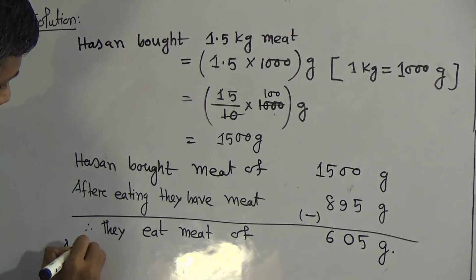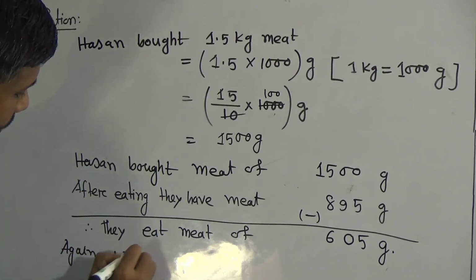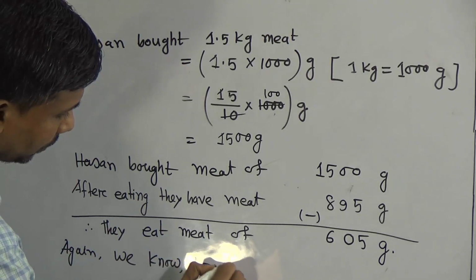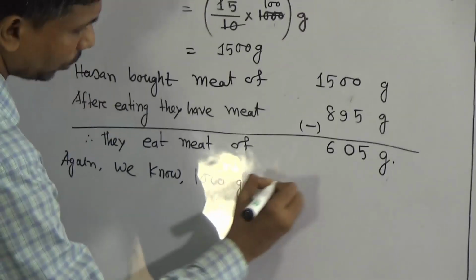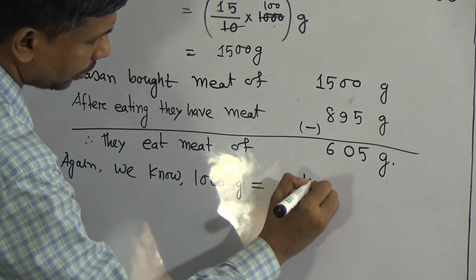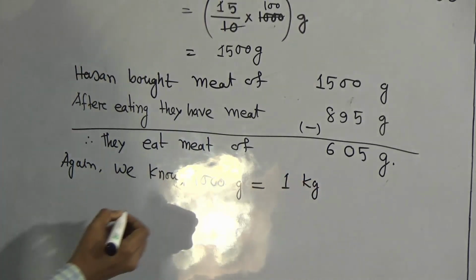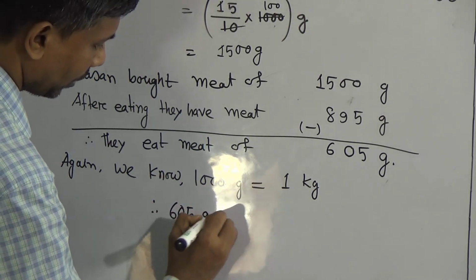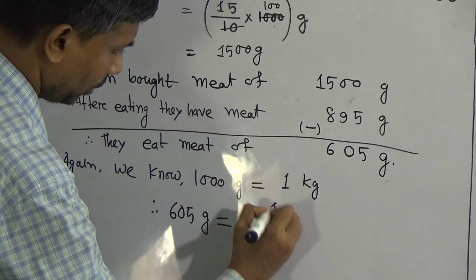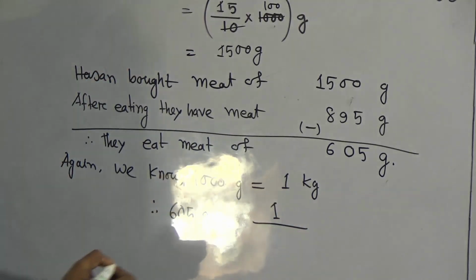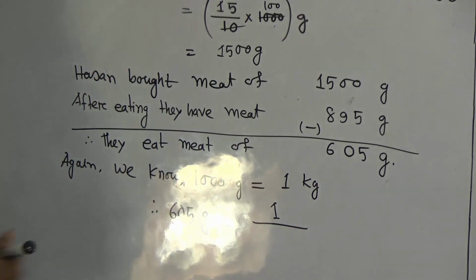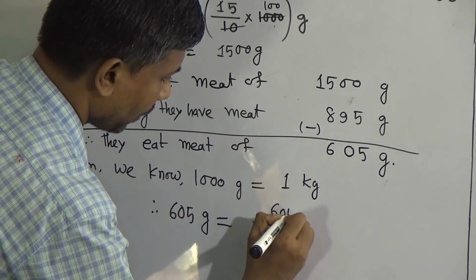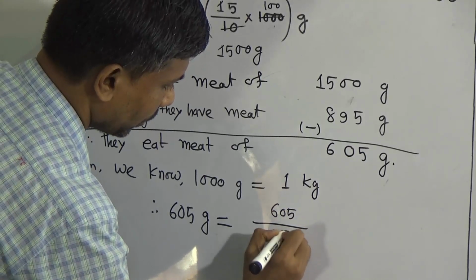Again, we know 1000 gram equals what? 1 kilogram. Okay? Therefore, 605 gram equals what? 605 by 1000.